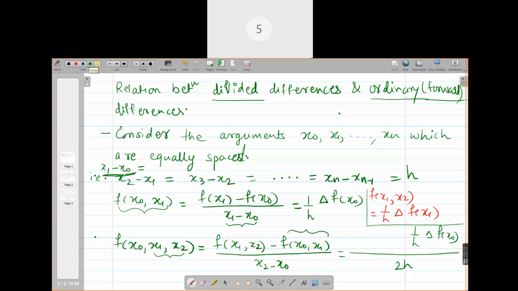Everybody is getting this? 1 upon h delta f x1 minus 1 upon h delta f x0. So can I take 1 upon h common? Yes ma'am. For f of x0, x1, x2, I will take 1 upon h common.